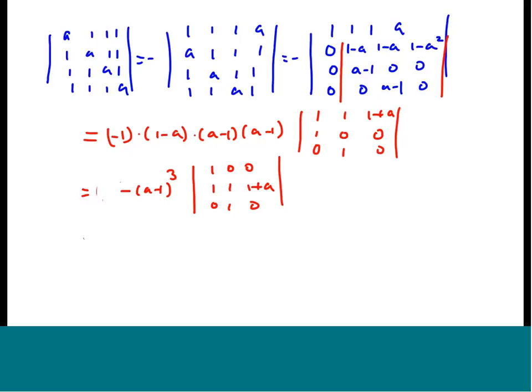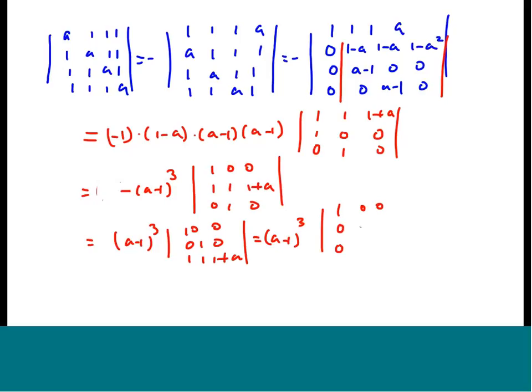Again I switch, the first, second, the last to get 1 cubic, so 1, 0, 0, 0, 1, 0, 1, 1, 1 plus a. So I add the first row multiplied by minus 1 to the last row and get 0 here. Nothing changes there. So the second row minus 1 gets 0 here.